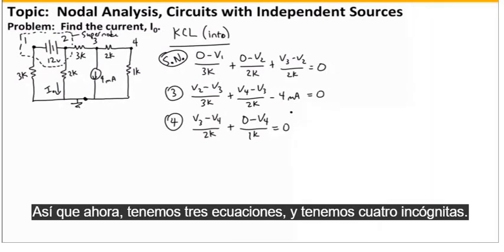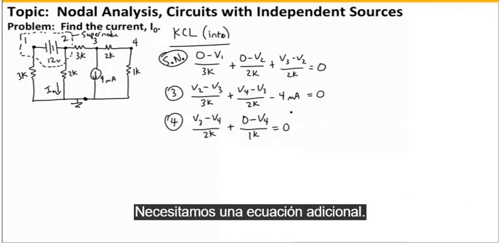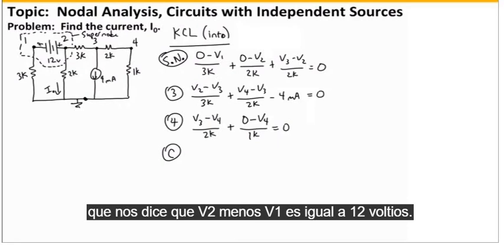So now we have 3 equations and we have 4 unknowns. We need one additional equation. Our additional equation is our constraining equation for the supernode, which tells us that V2 minus V1 is equal to 12 volts.